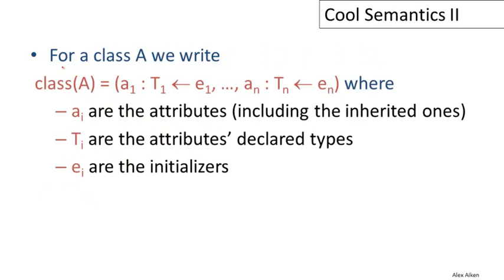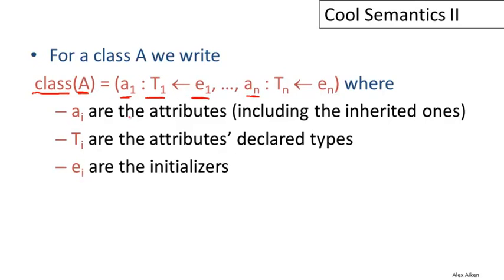In the operational rules, we're going to need a way to refer to the attributes of a class. So we're going to define a function called class that takes a class name and returns the list of attributes of that class. So here we have all the attributes of class A. Let's say they're A1 through AN. In addition, this function is also going to tell us for each attribute the declared type of the attribute and the expression that initializes the attribute.